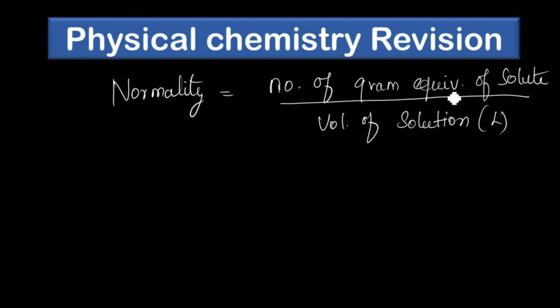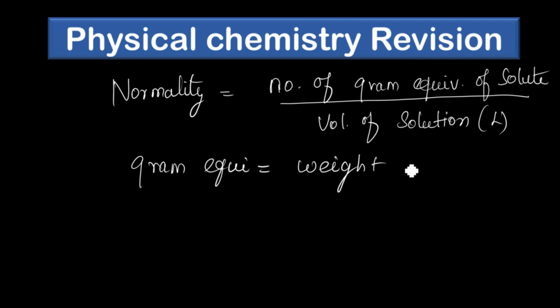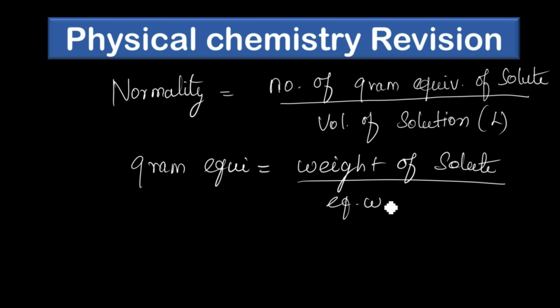Okay, then we know about equivalent weight. How to find gram equivalent? For finding gram equivalent, we have weight of solute divided by equivalent weight of solute, into 1000.